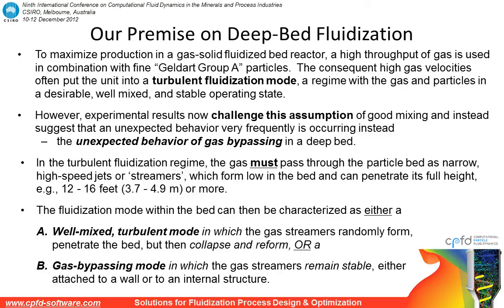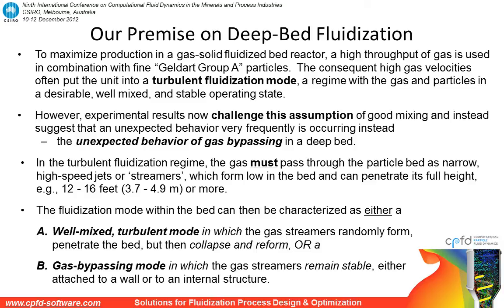I would first like to briefly state our premise on deep bed fluidization, which I will be describing and then proving during today's presentation. To begin with, gas-solid fluidized bed reactors involve pushing a very high throughput of gas through a fine bed, typically of Geldart Group A size particles.